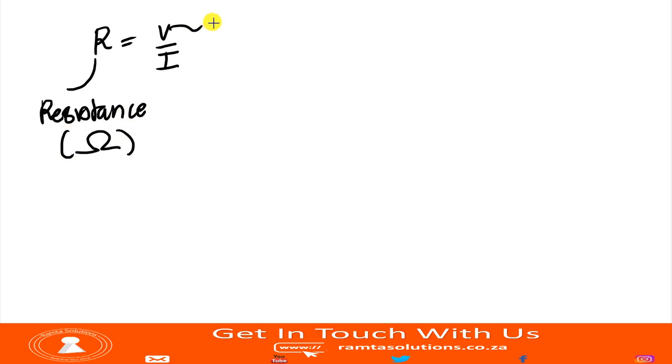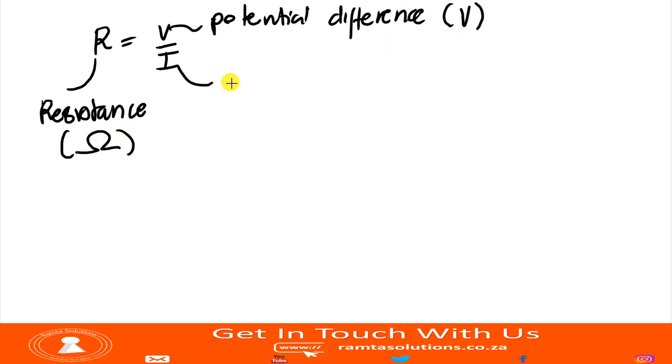V was potential difference, which you measure in volts, capital V. I was current, which you measure in its unit, capital A for ampere.